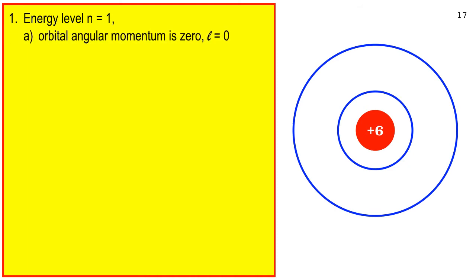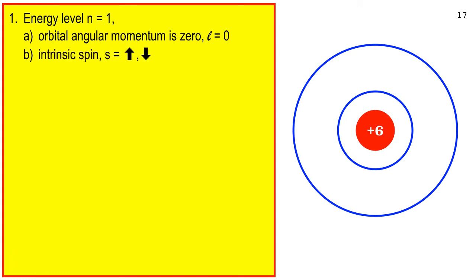So at the lowest energy level, so that's this inner circle here, this blue circle here, the orbital angular momentum is 0. Now, the electrons can have 2 varieties of spin. Traditionally, it's described as an up or a down spin.